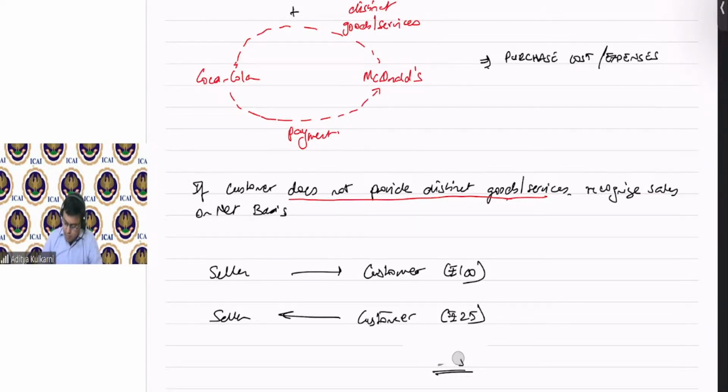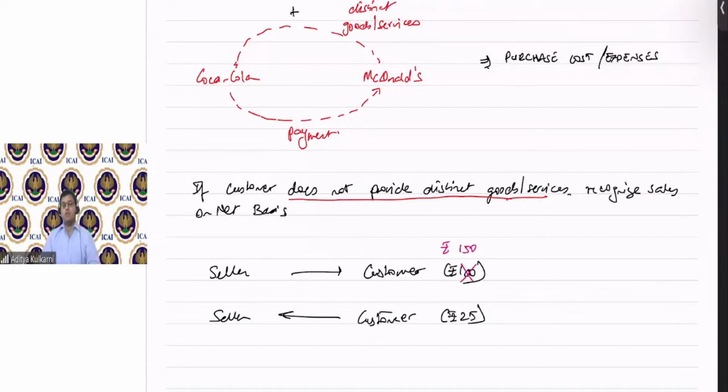Now let us move on to the next one. Distinct hai, but the seller is still not happy. Woh bolta hai khali 100 rupees, only 100 rupees. No, let us jack up our revenues. So therefore, the seller tells the customer, look, you are giving me a distinct performance obligation. So what I will do is, instead of 100, I will increase my selling price by 50.